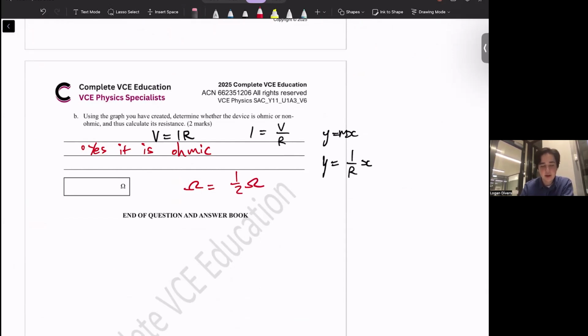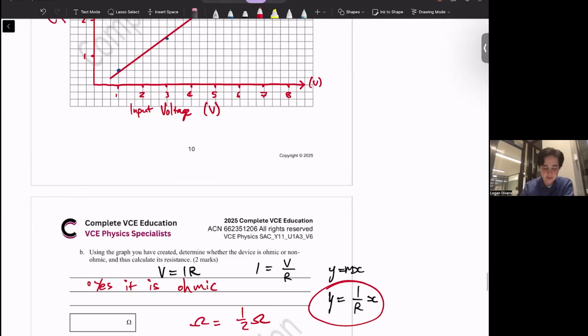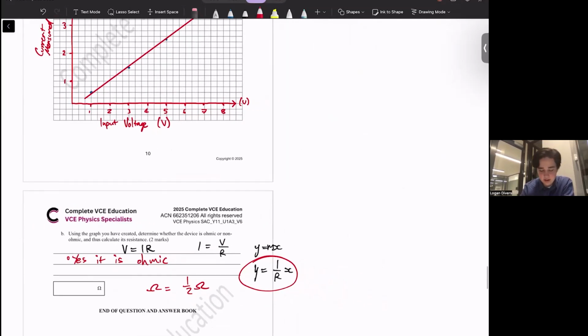That's not the case, because as I mentioned before, the gradient of this graph is 1 over R. It's not actually R. It takes a bit of wrapping your head around, but that y-axis there is your current, and y equals mx, where x is the x-axis and y is the y-axis. If we take the normal Ohm's law formula, where you could use the resistance as your gradient, it looks like V equals IR.